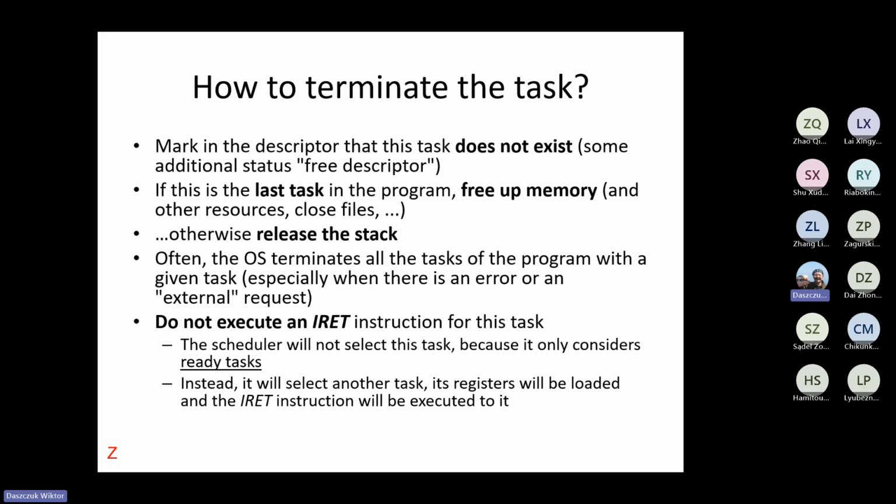Some errors close the program unconditionally. For example, if you have an illegal instruction, all threads in this program are closed, not only the one that caused the illegal instruction. So if it's not the last one, we deallocate its stack. If it's the last one, or we close the entire program, all the tasks at the same time, we deallocate the entire memory of the program.